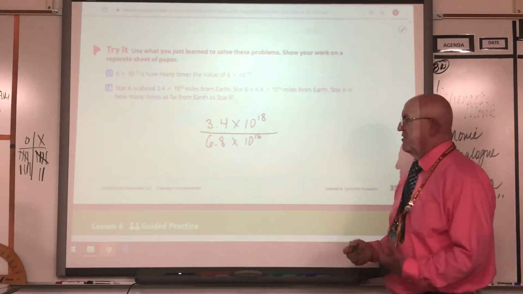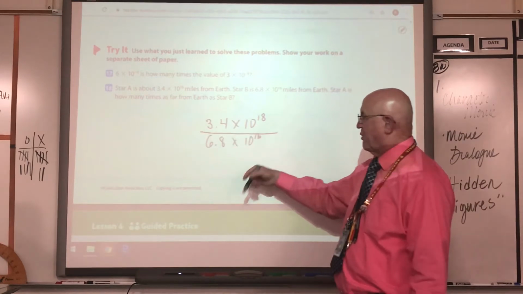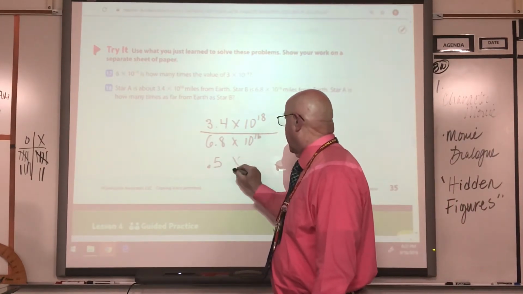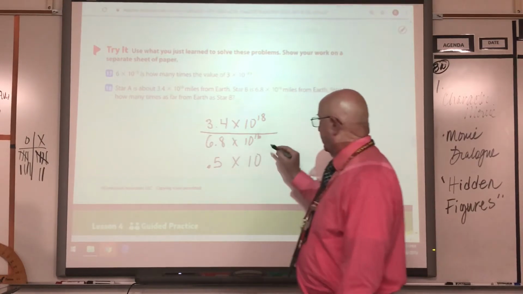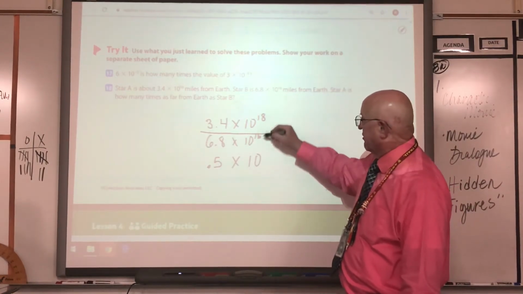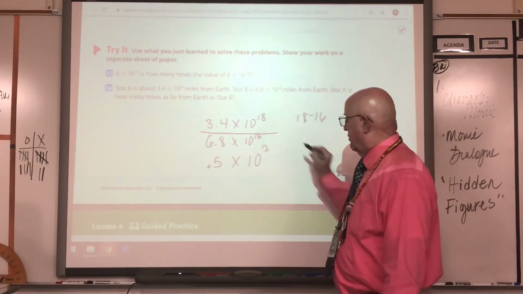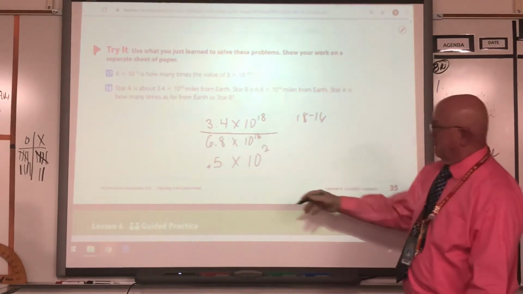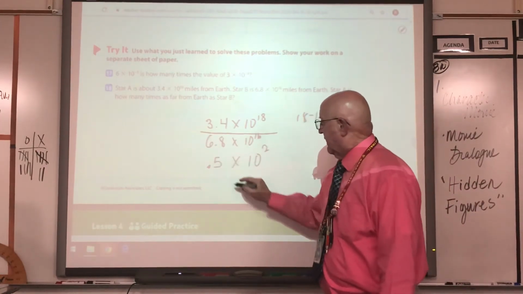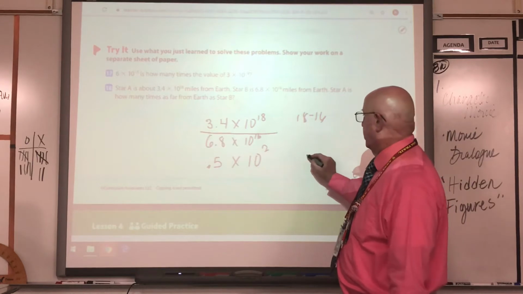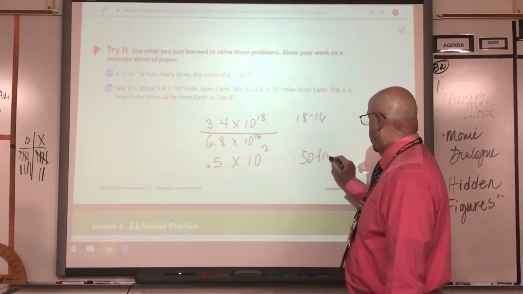We do the same division. 3.4 divided by 6.8 is actually just 0.5, right? 0.5 times 10 to the second, because 18 minus 16 gives us 2. And if I move that decimal over, I get 50 times.